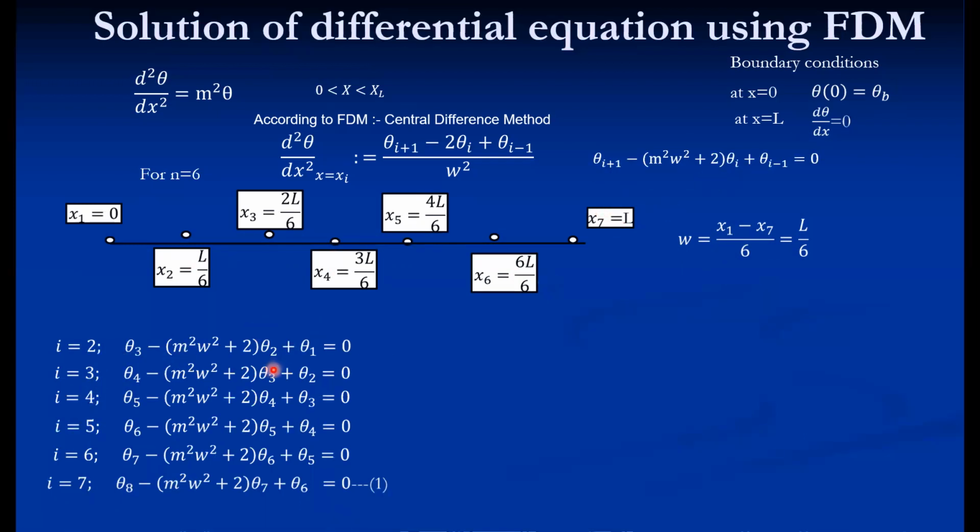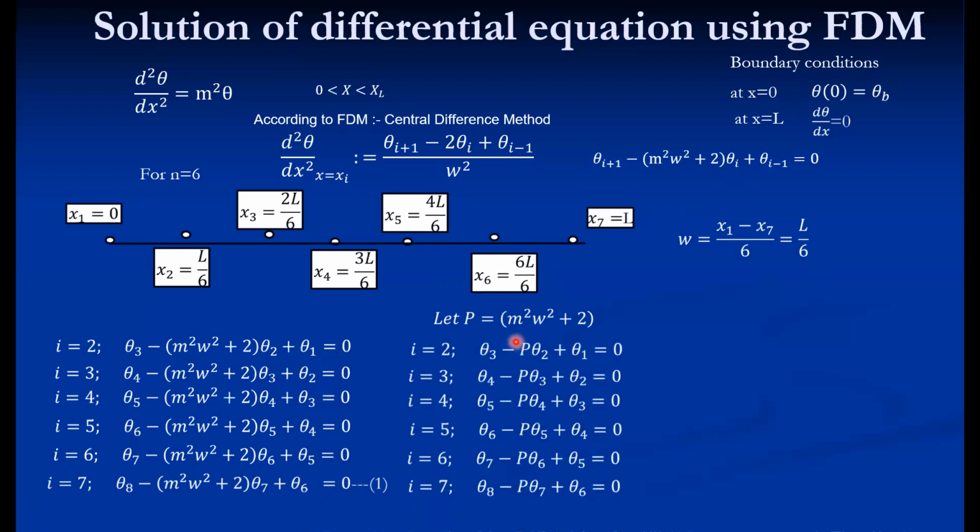Similarly, if we put other values, we arrive at these equations. Now let P be this bracket term. After substitution, we get this expression. Call this equation number 1. Now this is the set of equations for different values of i.